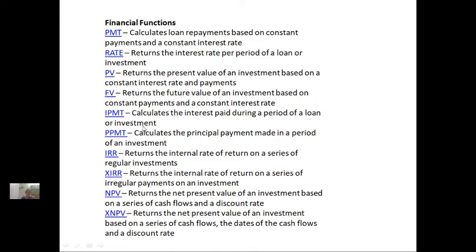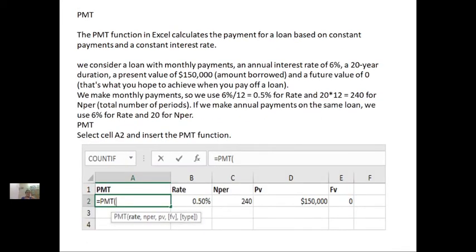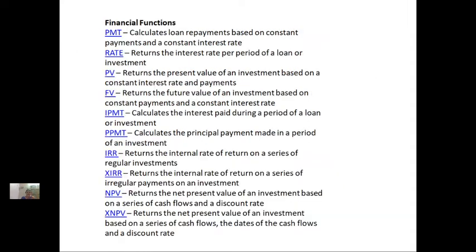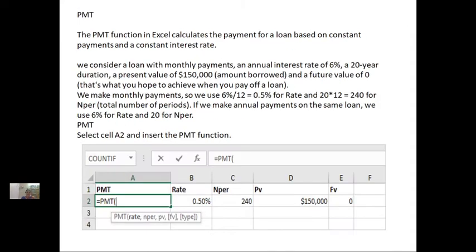Now let us go to the next slide. This slide gives the details of one of the financial functions, PMT, and takes an example to explain how to calculate the payment for a loan based on constant payments and a constant interest rate.